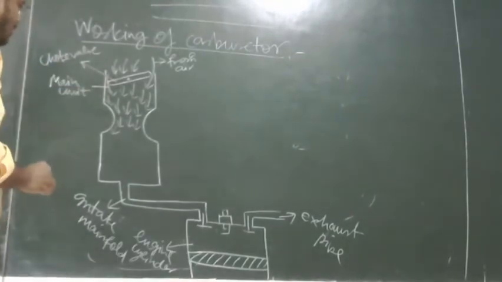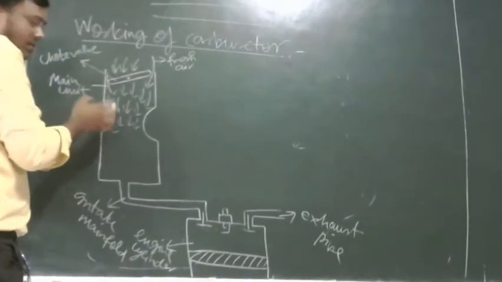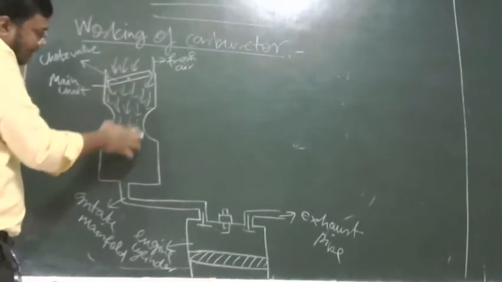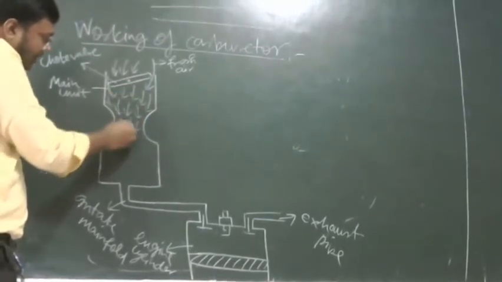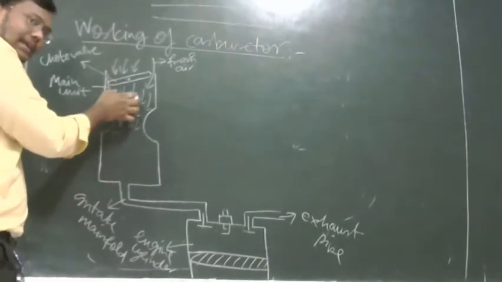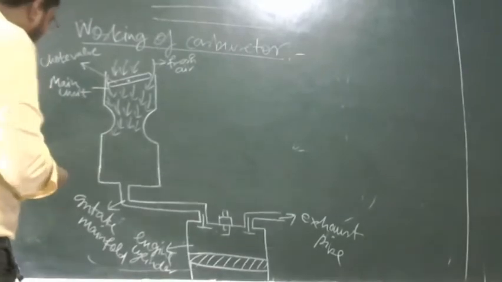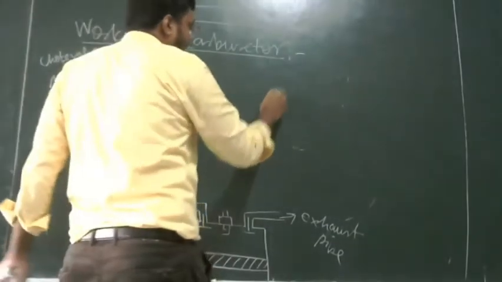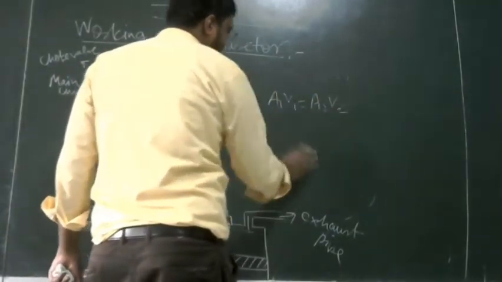Now as the fresh air is coming here, as I told you in the starting, the area is decreasing. When area is decreasing, the velocity of air will increase. From the continuity equation you have studied in fluid mechanics, A1 V1 is equal to A2 V2.